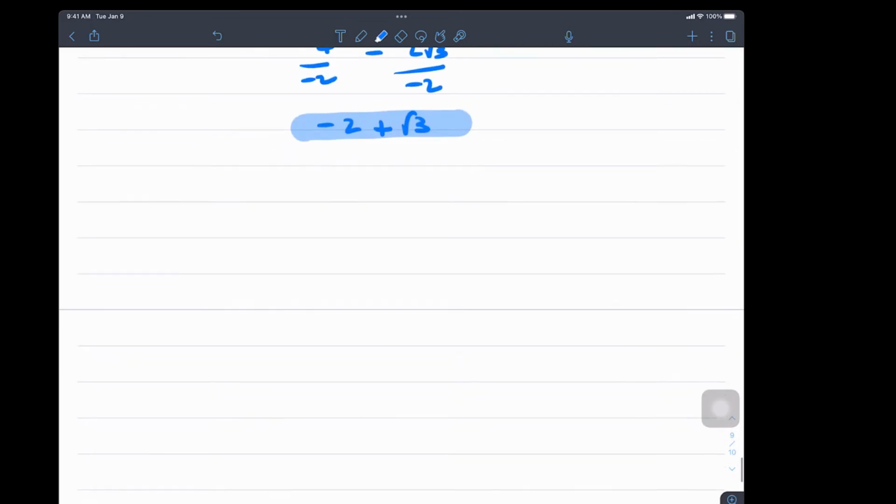Okay, so let's have you guys do the following here. Let's get nice and warm. Use the addition formula, find the exact value. So you're going to determine the exact value.